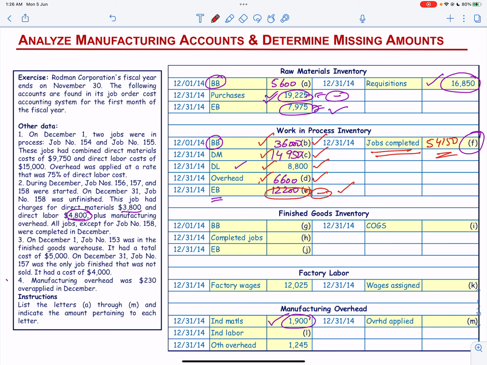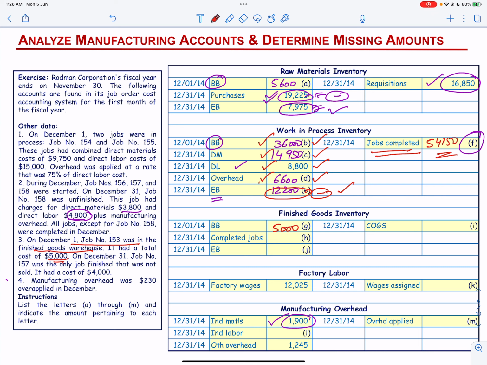Okay, now next we have the finished goods inventory, and for the finished goods inventory again we have the information. On December 1 job number 153 was in finished goods warehouse. It has a total cost of 5,000, so the beginning balance is 5,000.